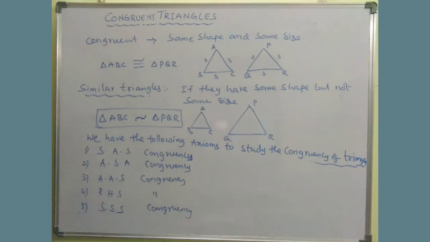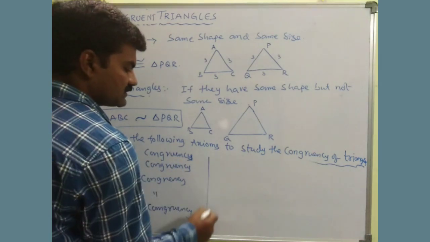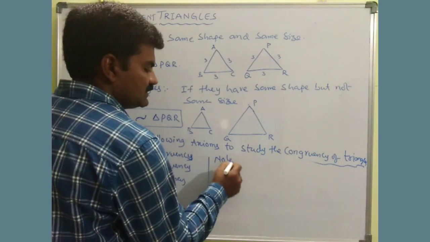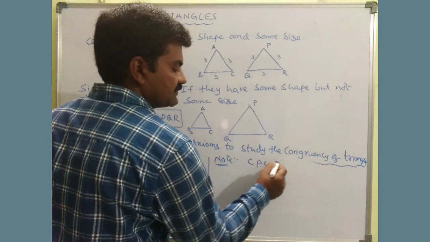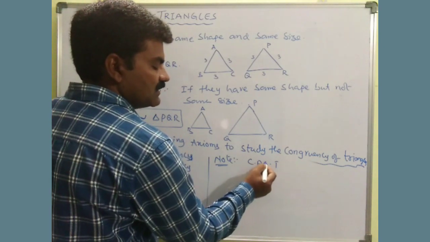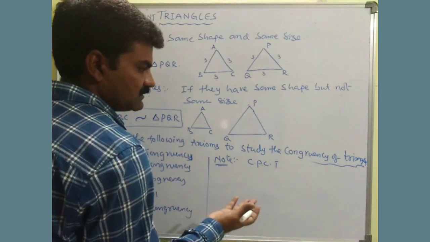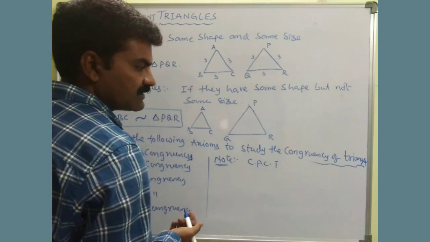See, these are some theorems to prove or to check whether the given triangles are congruent or not. Okay, ma? And we use this one symbolically, shortly, as CPCT. This is the word we use while proving congruency of triangles.